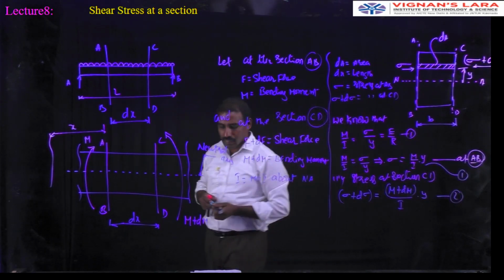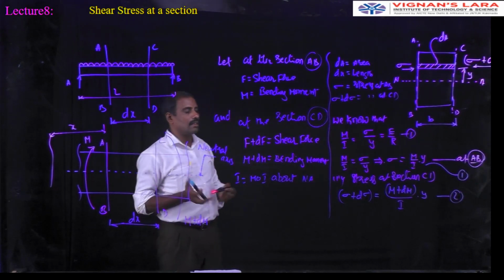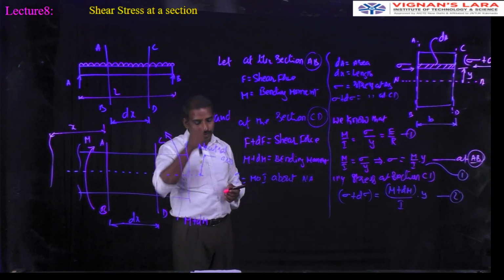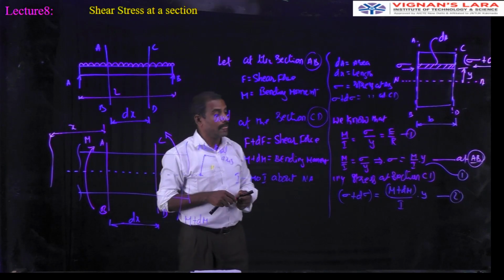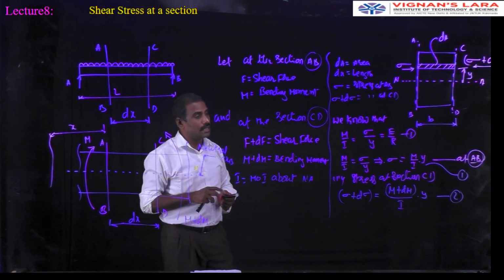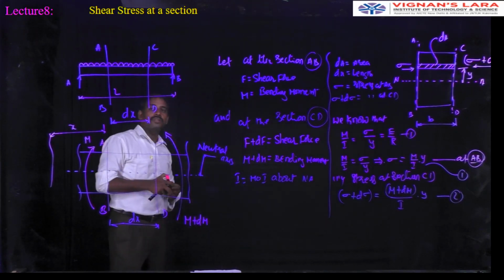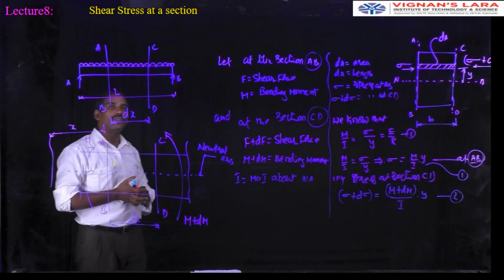This is the stress. Now we have to calculate the force. What about the force at section AB, and the force at section CD? What about the net unbalanced force?